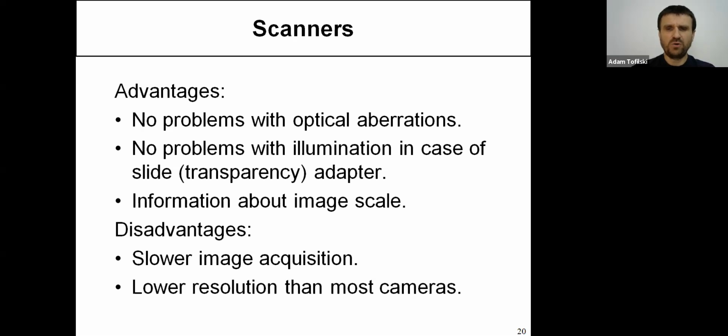And also most scanners have lower resolution than most cameras nowadays, because there is very fast progress in technology, and most of the digital cameras used nowadays have more than 5 megapixels. However, even if the resolution is good, if you don't have a good lens, there can be high resolution, but also distortion. So that's why scanners are good. And I think beekeepers should concentrate on scanners.